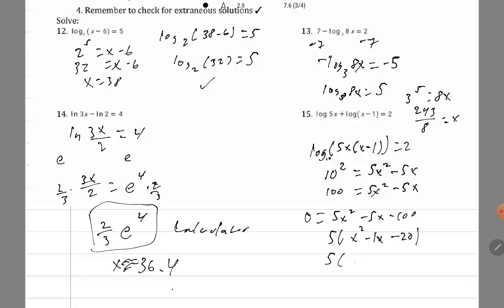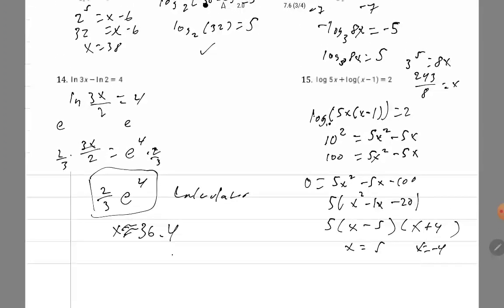And that will factor into x minus 5, x plus 4. So let's try out x equals 5 and x equals negative 4. If I plug this one into the original equation, cannot do. So this is extraneous, which means it doesn't work. So your correct answer is x equals 5.